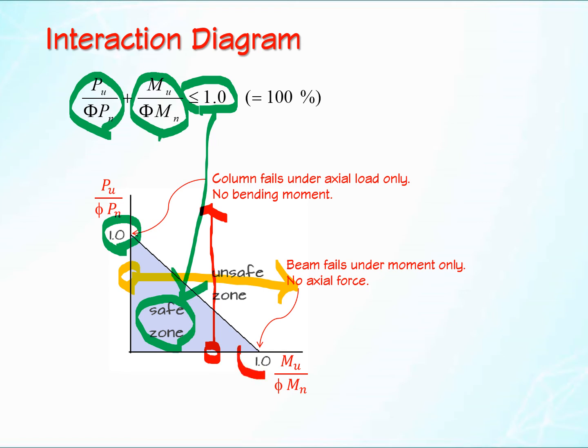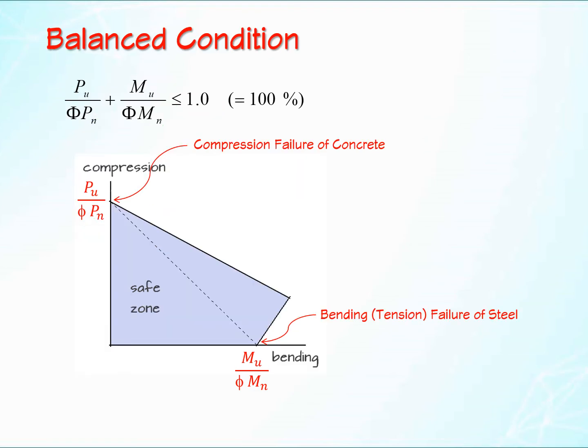And this point means the beam column will fail under moment with no axial force. Why? Because axial force is 0 on this line and bending moment is 0 on this line. Okay, so the original interaction formula formed this line.